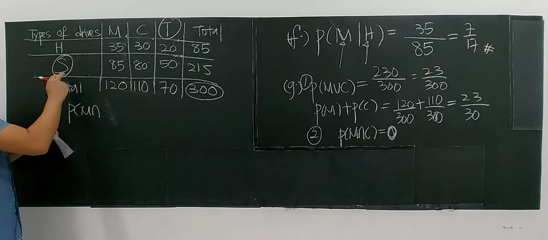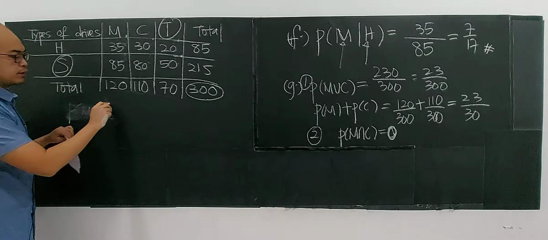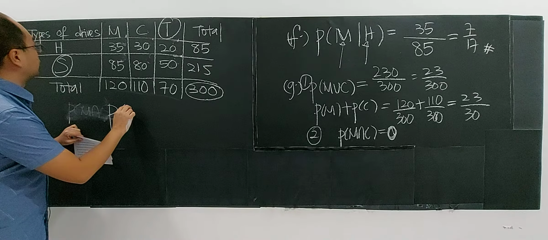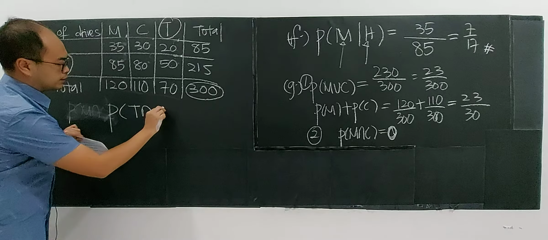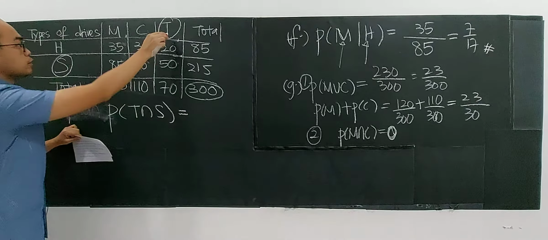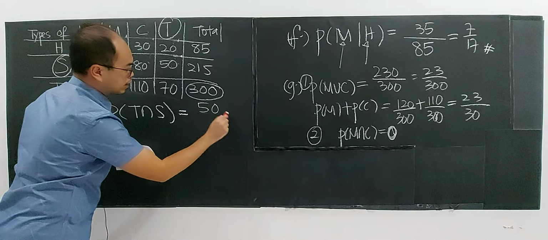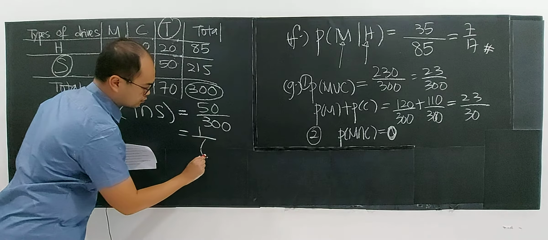If these two events are independent, they will follow the multiplication rule. From the table, Thailand and SSD is 50 out of 300, which is 1 over 6.